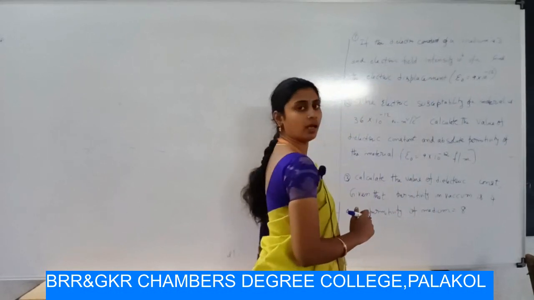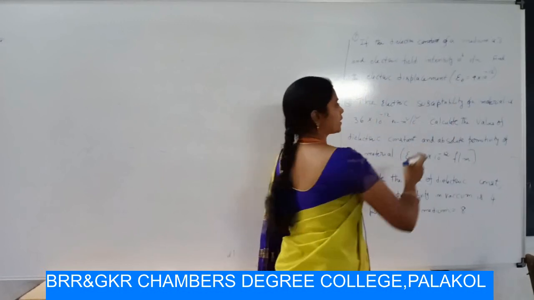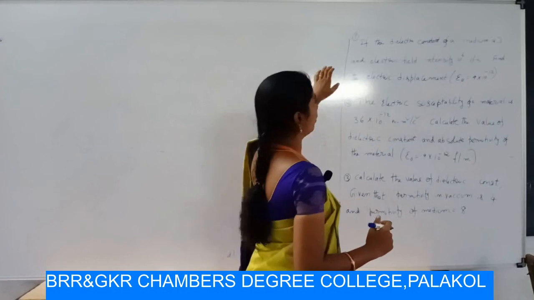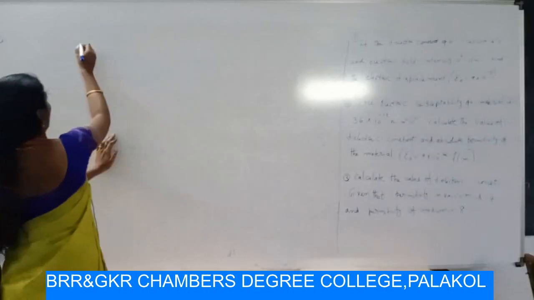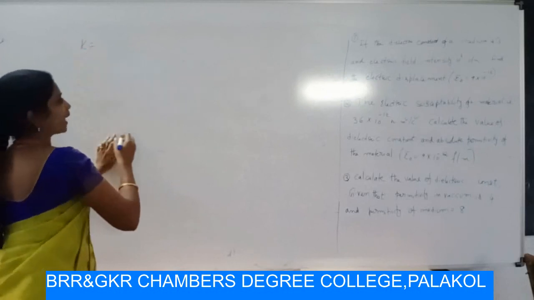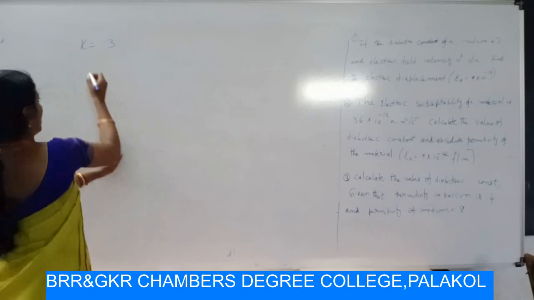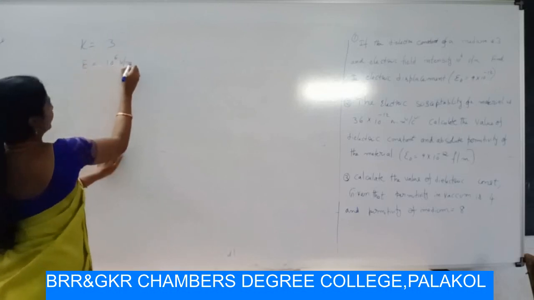Here epsilon naught, the permittivity of free space, is given as 9 into 10 power minus 12. So in our problem we have the dielectric constant of the medium as K equal to 3 and the electric field intensity E as 10 power 6 volt per meter.